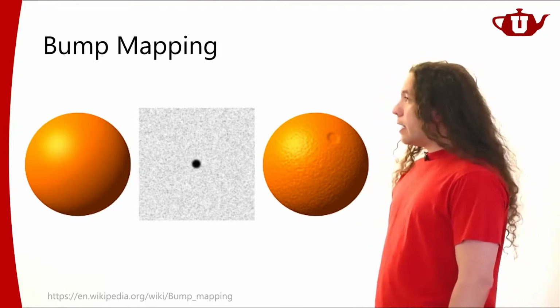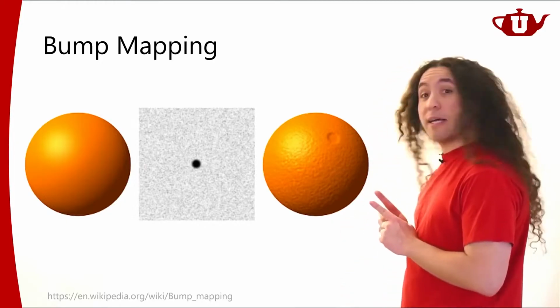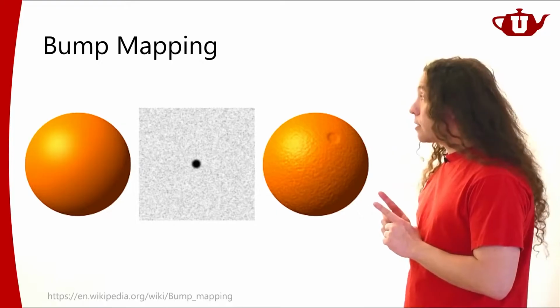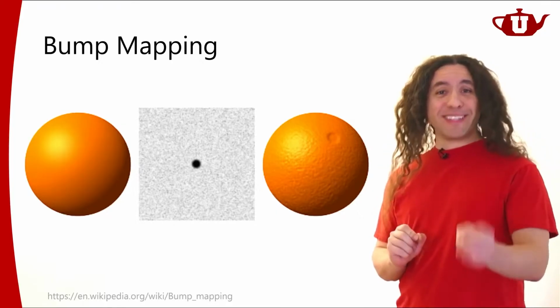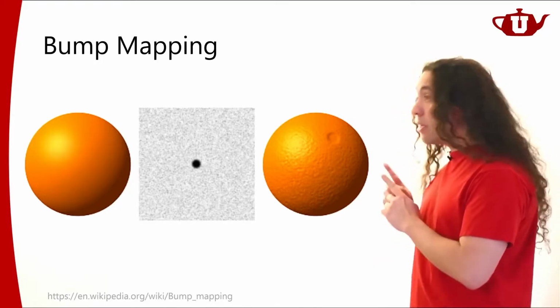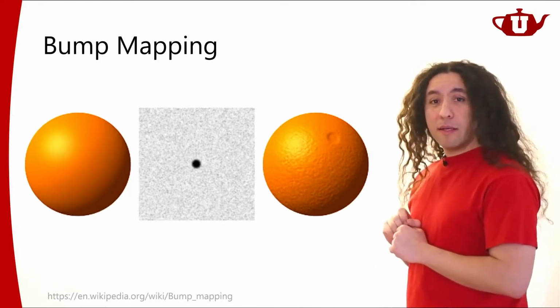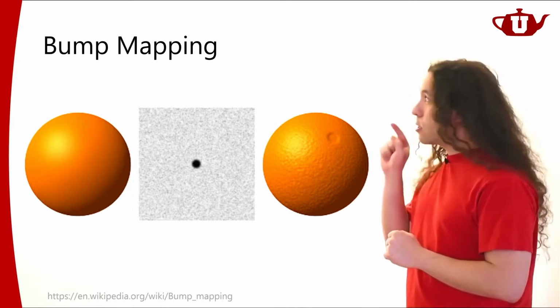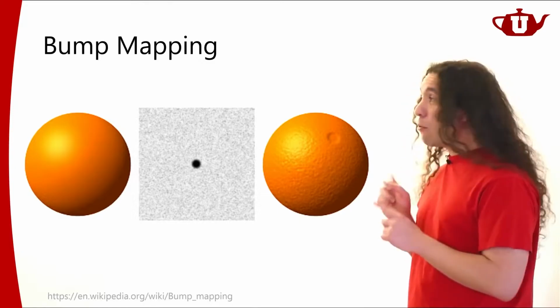The idea is that we would like to be able to add some geometric detail to our objects without actually adding the geometric detail. So we would like to get the appearance of this small scale geometric detail without generating so many vertices and rendering all of them, because that would be expensive, right?